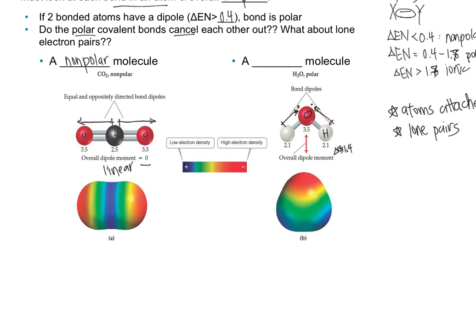In a way they cancel out in the horizontal direction, but there's nothing above the molecule to cancel out in the vertical direction. So we end up with a net dipole pointing up. Since there is still an overall dipole moment, part of the molecule is very electron dense, very negative, and another part is very electron deficient, partially positive, making this molecule polar.